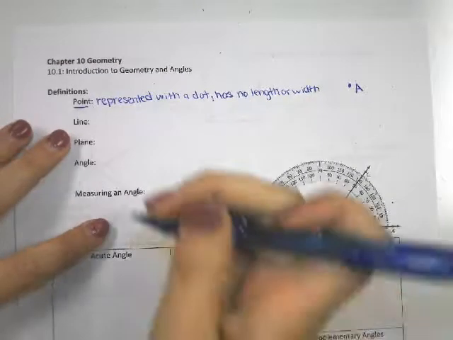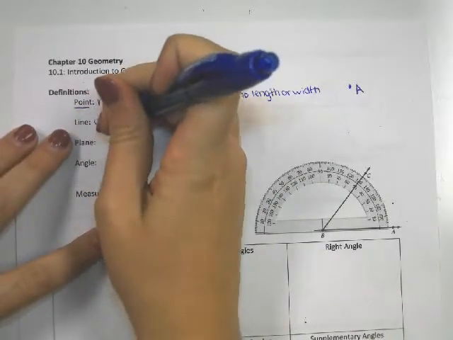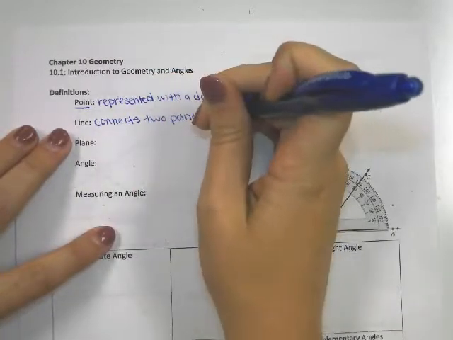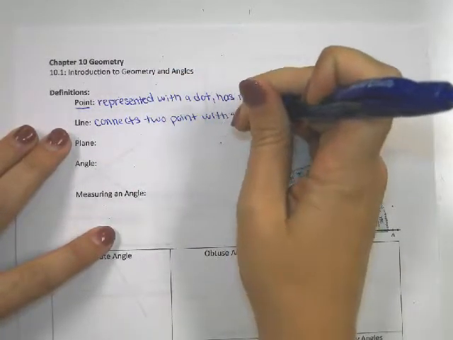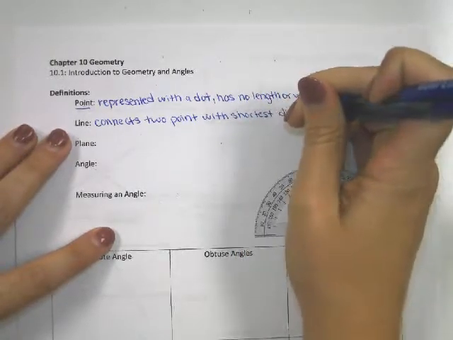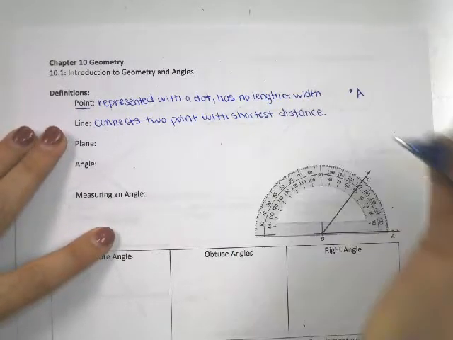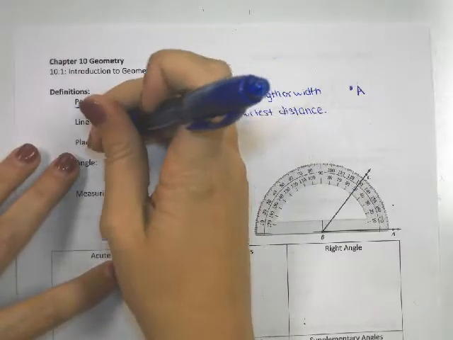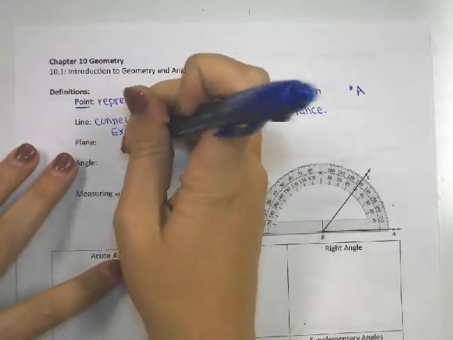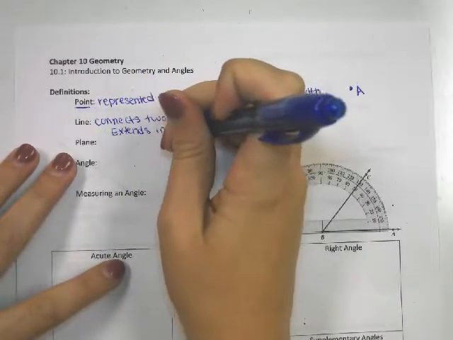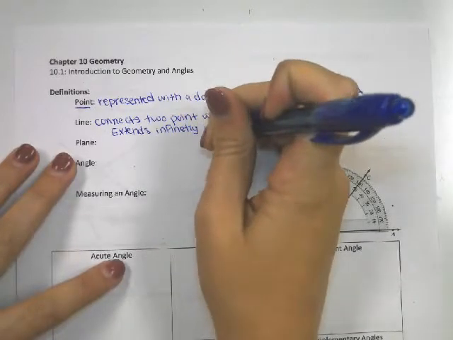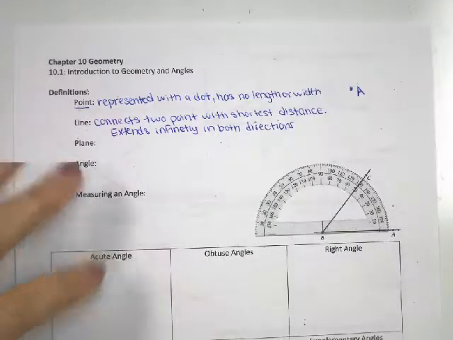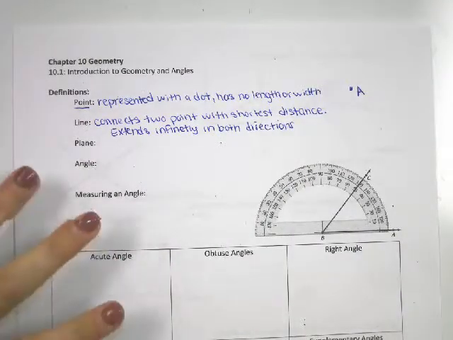If we have 2 points, we can connect those 2 points with a line. So a line just connects 2 points with the shortest distance. And a line is going to extend infinitely in both directions, so it doesn't stop. If we want to talk about a line that stops, we're going to use line segment or ray.